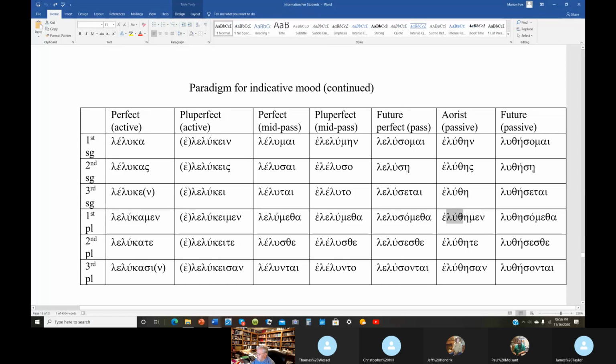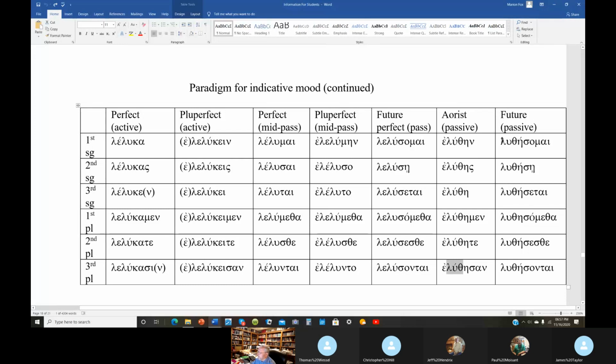And augment, stem, ēmen. And the form almost looks like omen, doesn't it, what we learned at the beginning. So it almost looks the same sometimes. And augment, stem, ēte. Sounds almost like ete, doesn't it? Pretty close. And augment, stem, ēsan. Okay, any question about the aorist passive?